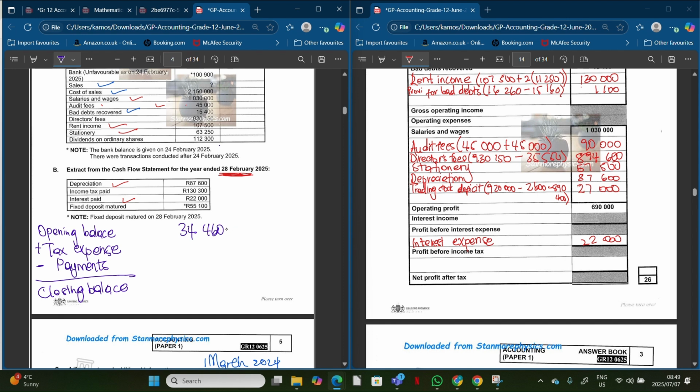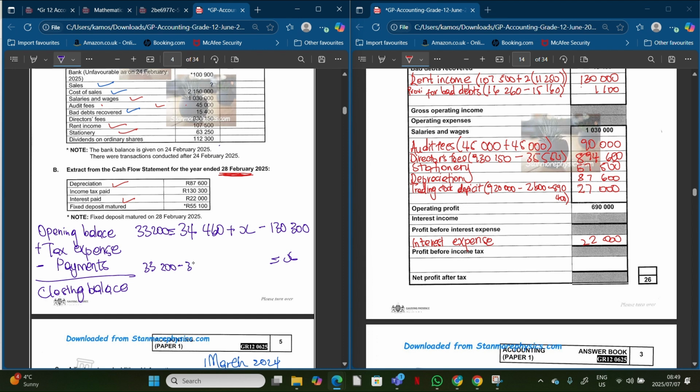Then the tax expense we don't know, so I'll just say it's X, because we don't know how much tax we were charged. But I do know that the income tax that was paid is 130,300, and all of that equals the closing balance. And the closing balance was 33,200.